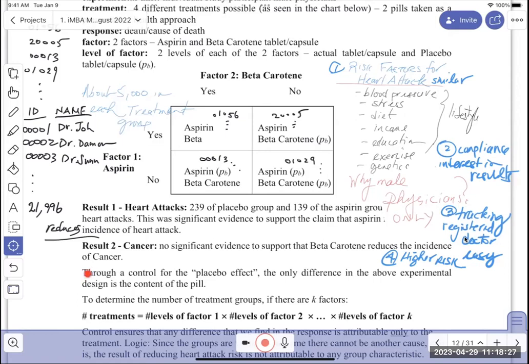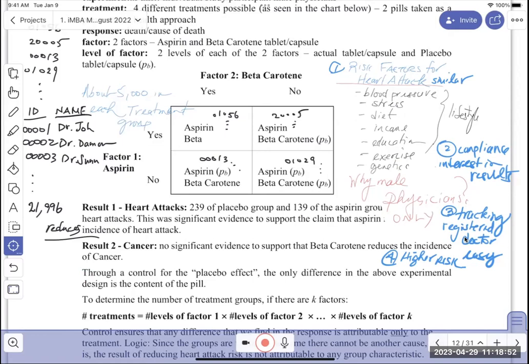So through control for the placebo effect, the only difference in the experimental design is the content of the pill, not these characteristics. So besides unveiling how this experiment was done, this is also an opportunity to see a two-factor design.